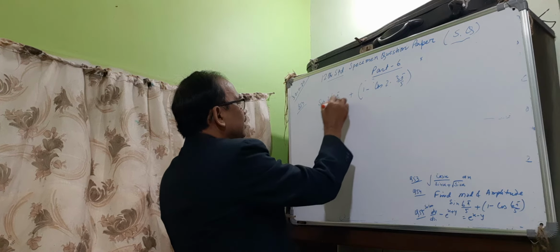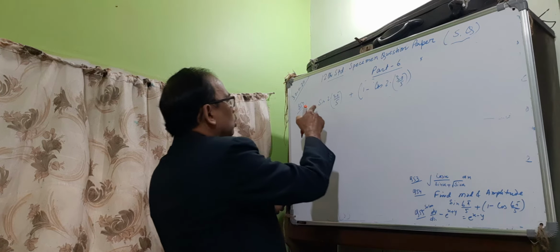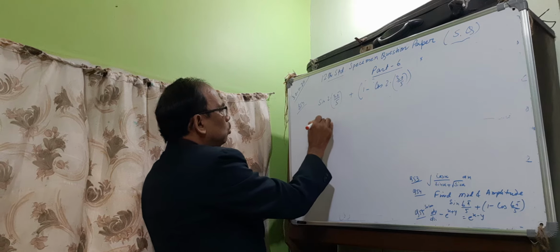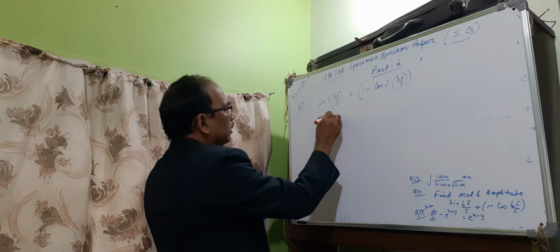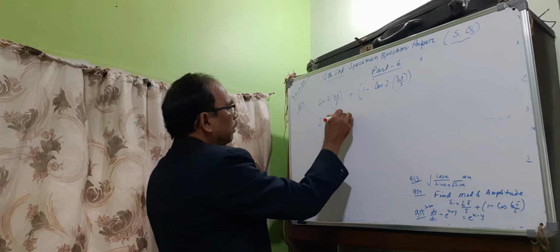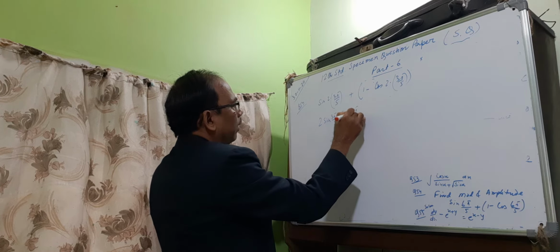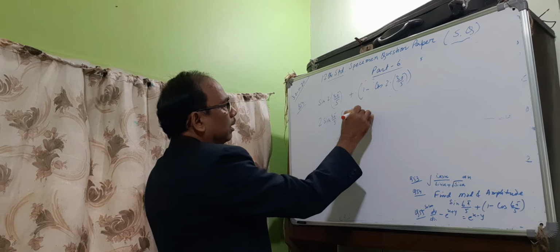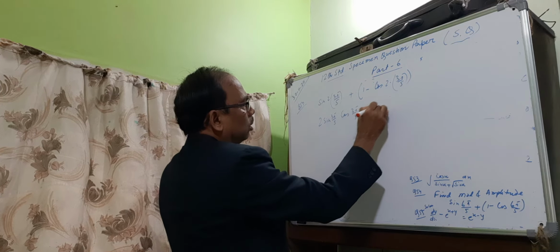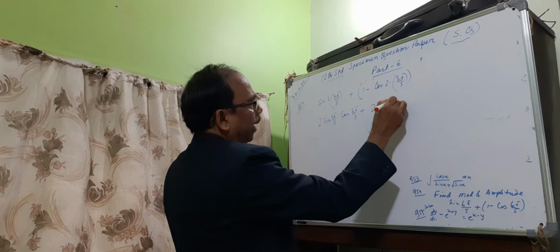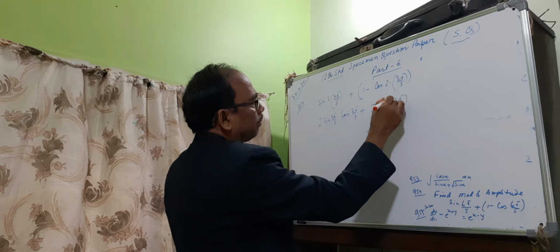This should be treated as theta. Sin 2 theta is 2 sin 3 pi by 5 cos 3 pi by 5, and 1 minus cos 2 theta is 2 sin square 3 pi by 5.